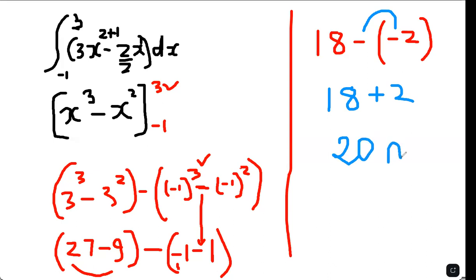So 20 is our answer. So you'd find that if you understood the indefinite integrals, when it comes to definite integrals, these will be actually the simplest of them all.